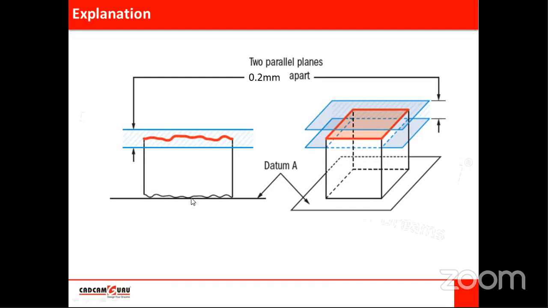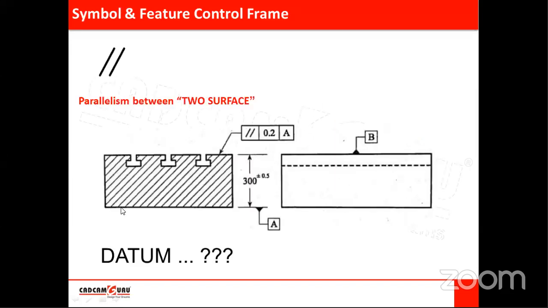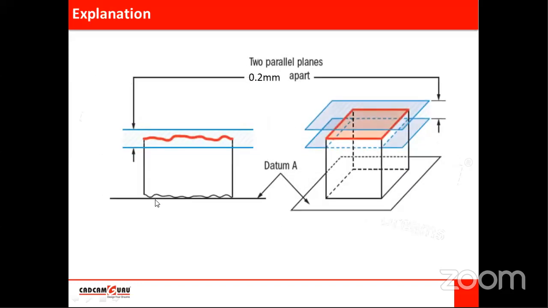So what is a datum? A datum is an imaginary term which is represented in the drawing. If you see this drawing, this is a datum because this is specified in the drawing. But the actual surface of this component is the datum feature. At the time of inspection, while measuring parallelism, we have to mount this datum feature on a surface plate.